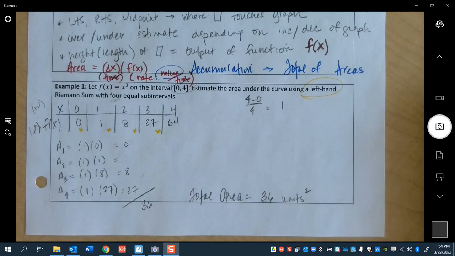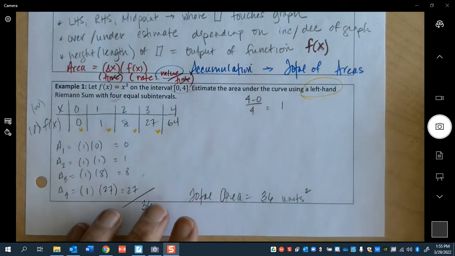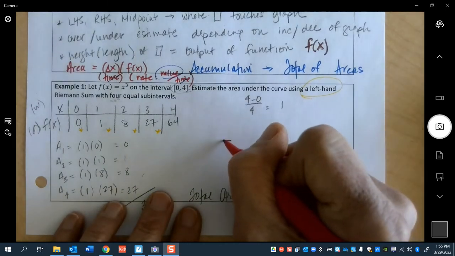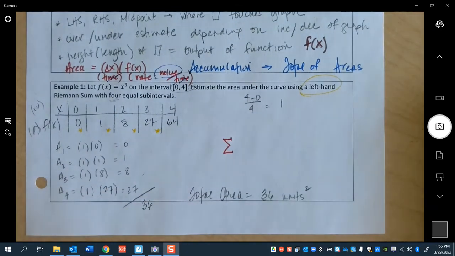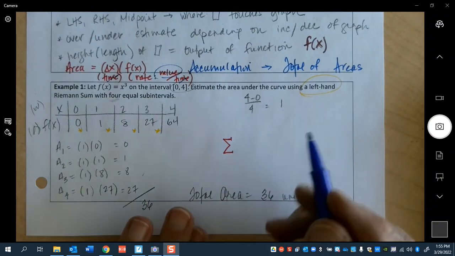So we're going to start using a summation notation, and I need you to tell me, have you ever seen big sigma before? Yeah? So what Big Sigma means is add them all up.